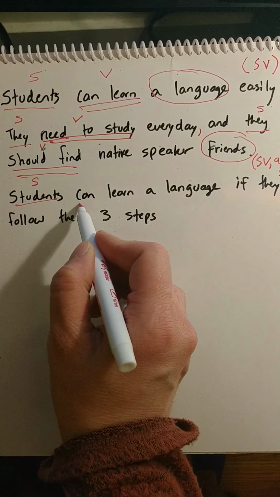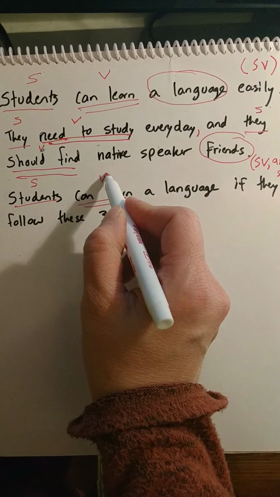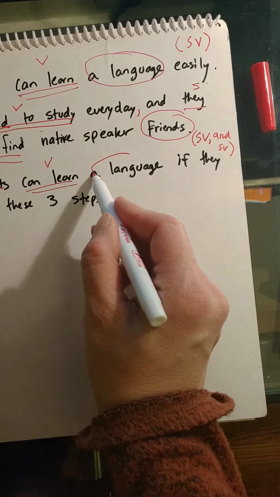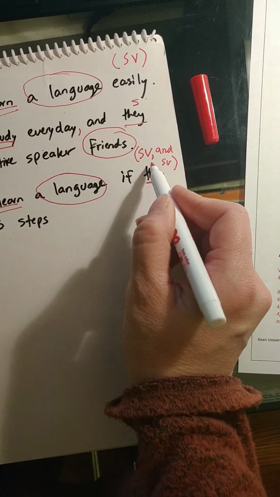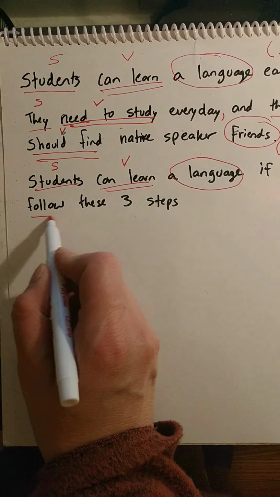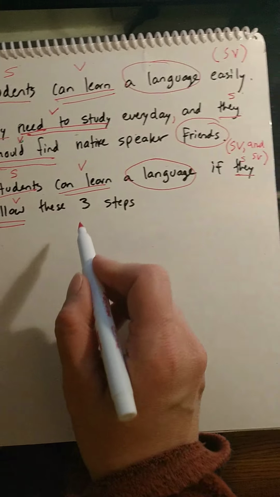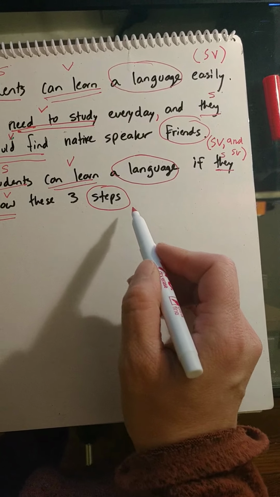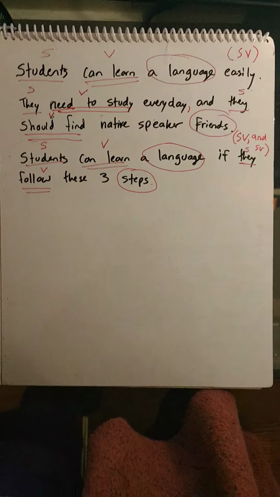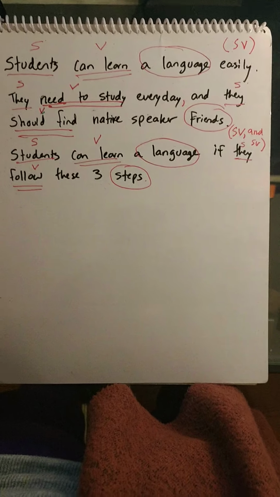Students is a subject, can learn is the verb, a language, object, if, another subject, they follow these 3 steps. It's another object. Okay, so what kind of sentence is this?